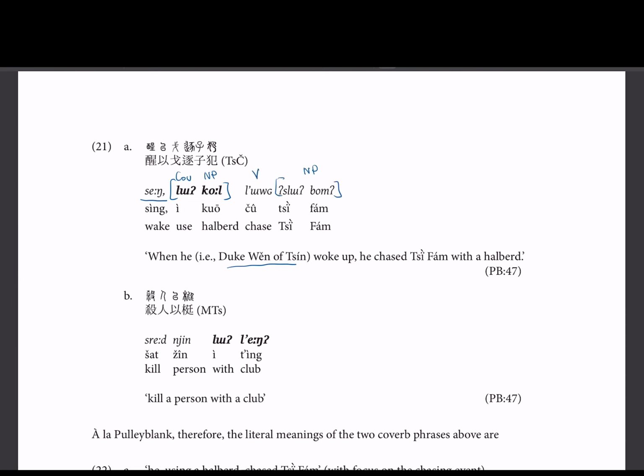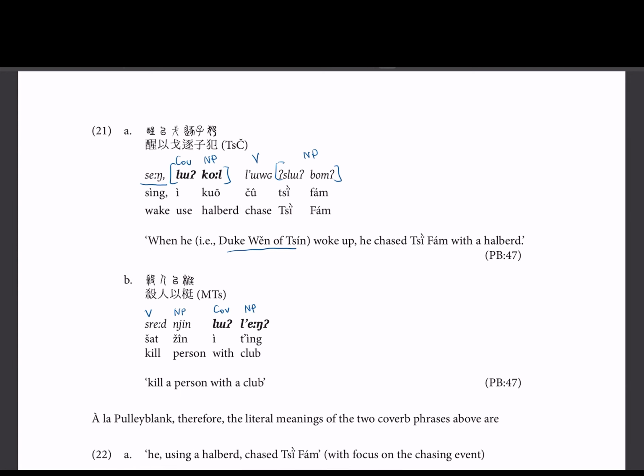And then the next sentence in 21b, Sred Nin Le Ling has a post-verbal coverb phrase. The coverb is still le, and the complement of the coverb is ding, which means a club or a stick.